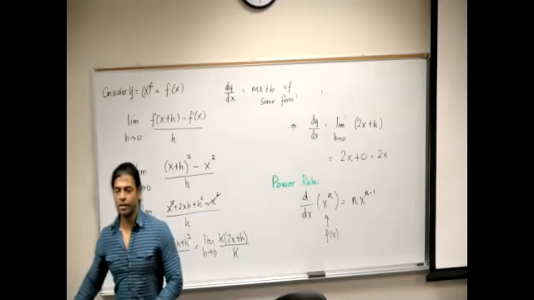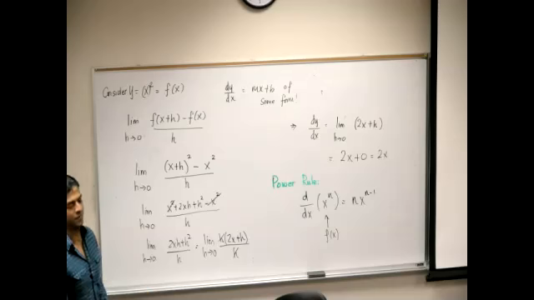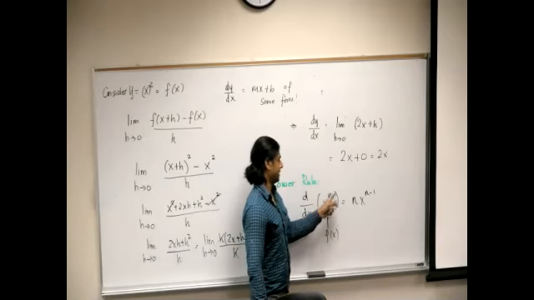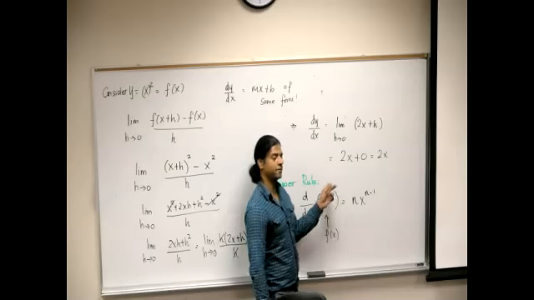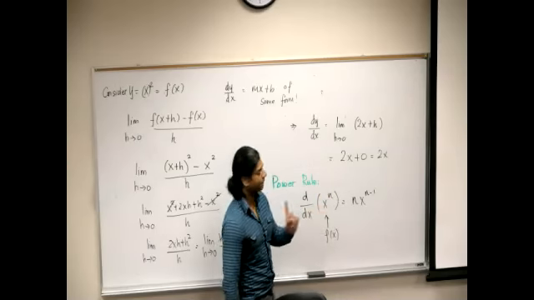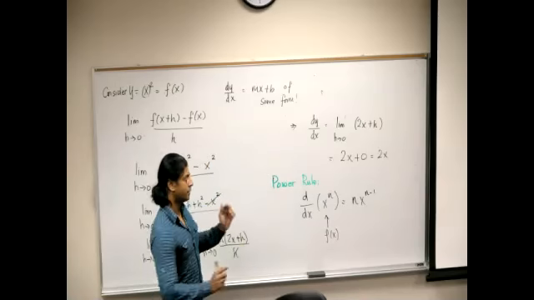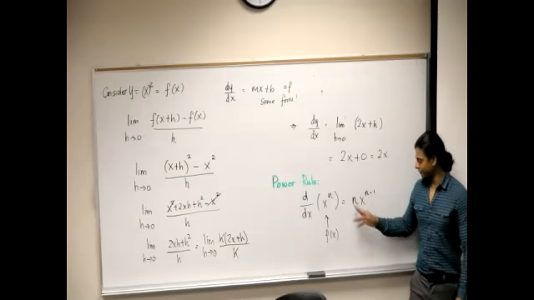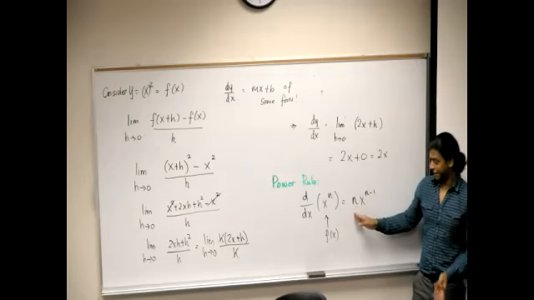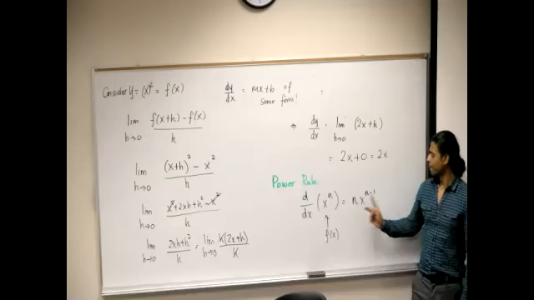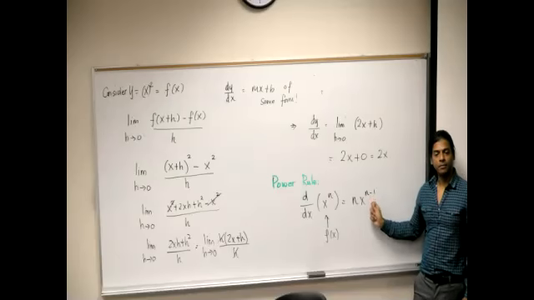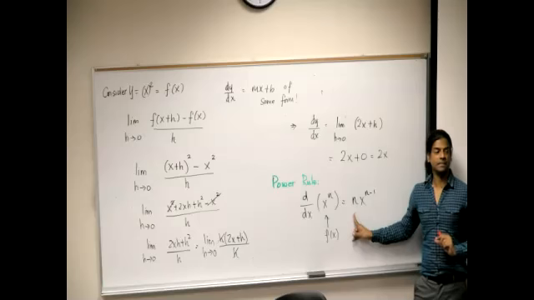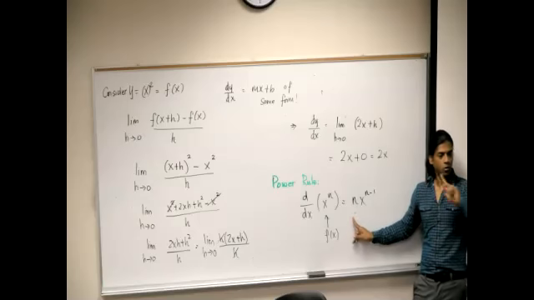And this is going to work for all values of n. Most common mistake: you will move it to the front but forget to decrease the power by 1. So n goes to the front, and you decrease the power by 1, always.